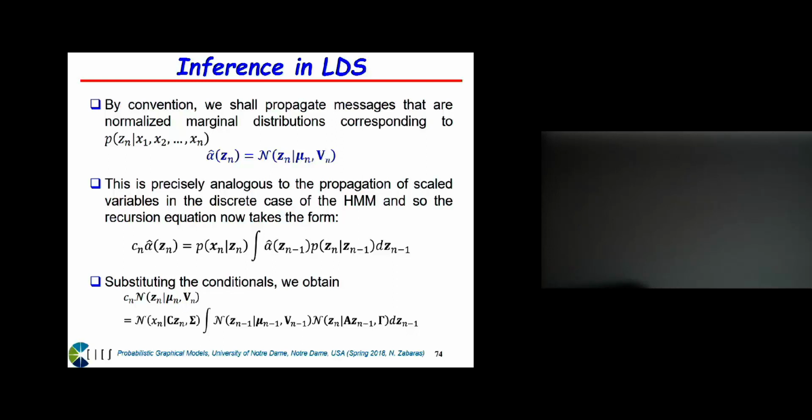The message for n minus 1 is there, which we suppose we know, and this is the transition model, which looks like that, and Zn minus 1 is integrated out. So again, given this, as we move forward, we want to compute that.